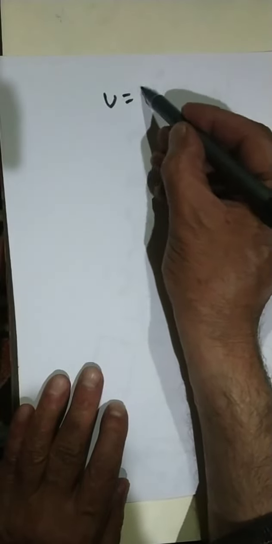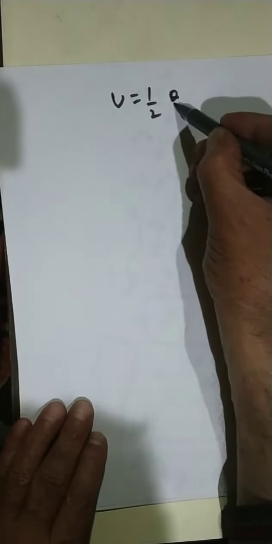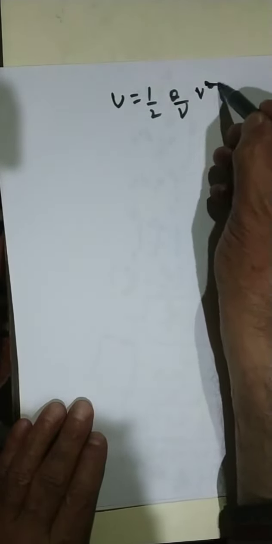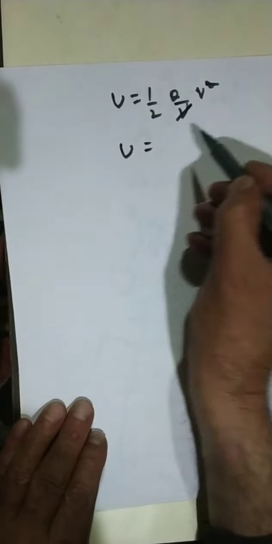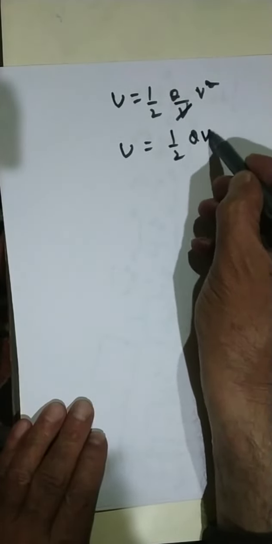This comes out to be U is equal to 1 by 2 Q by V into V square. This and this will cancel out, so U is equal to 1 by 2 QV. This is another expression.